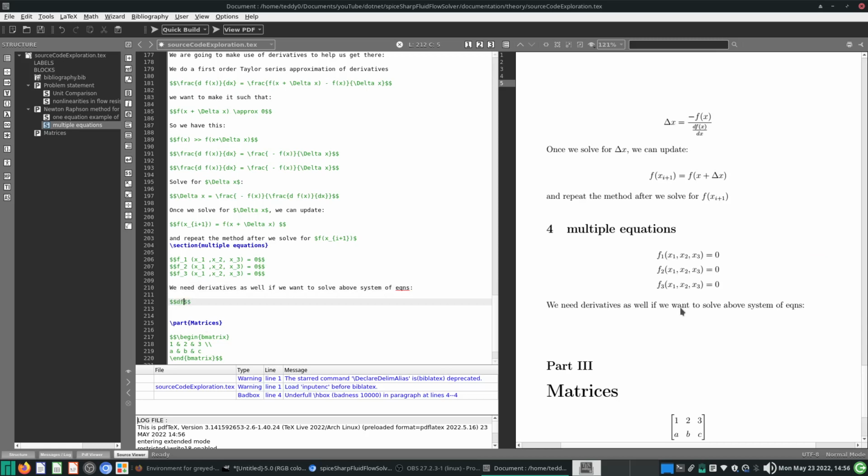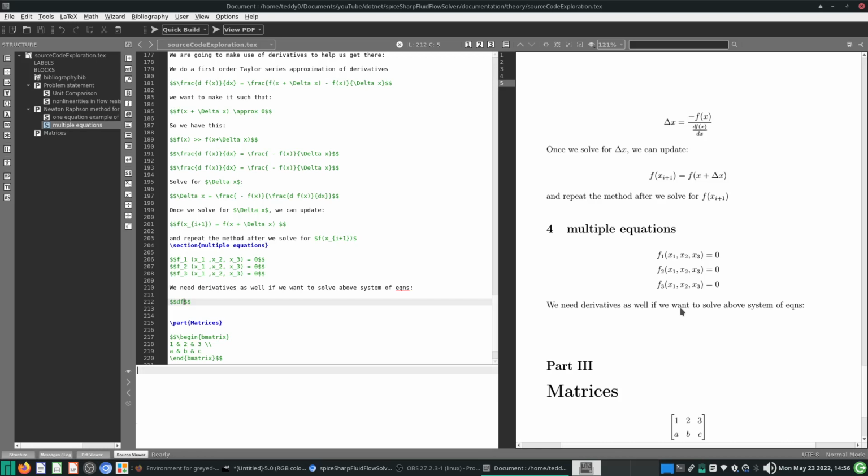So df1 equals to f1 at x plus delta x minus f1 at x.